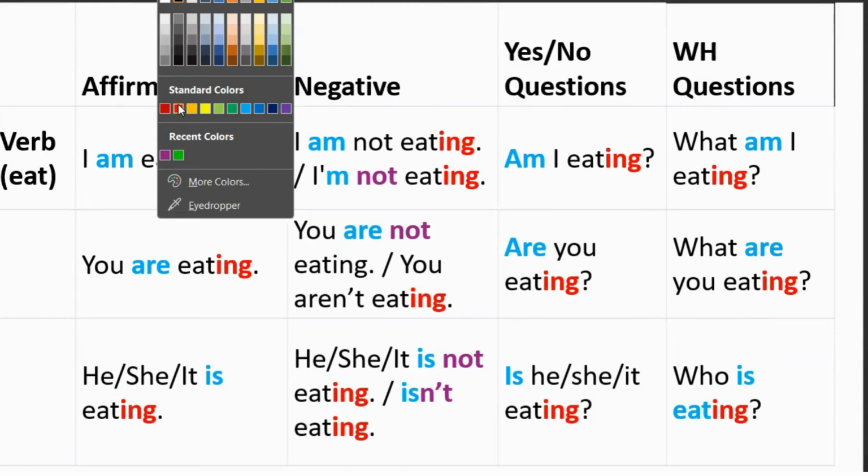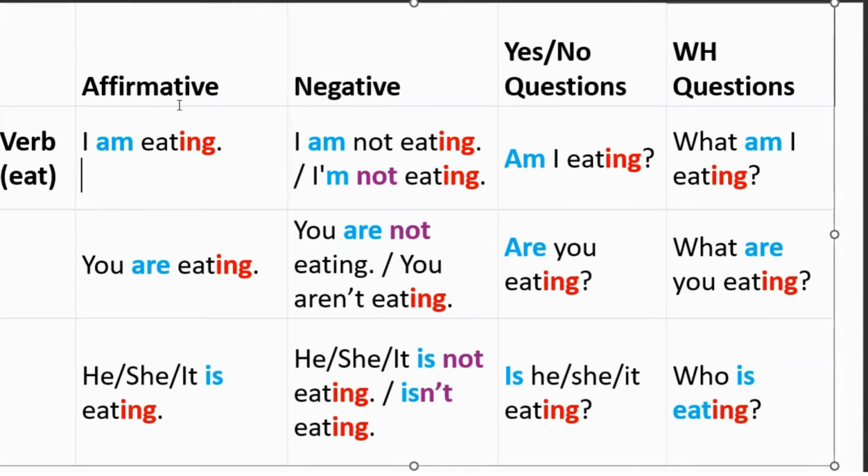First of all, we have a subject plus form of be plus verb base form and ing. I'm eating. You are eating. He is eating. She is eating. It's eating.